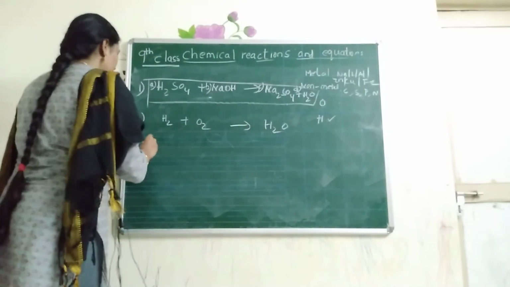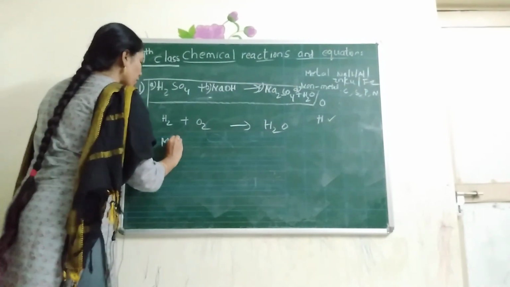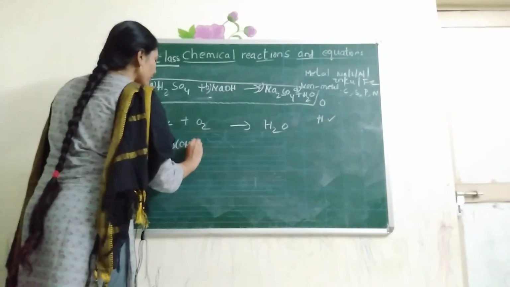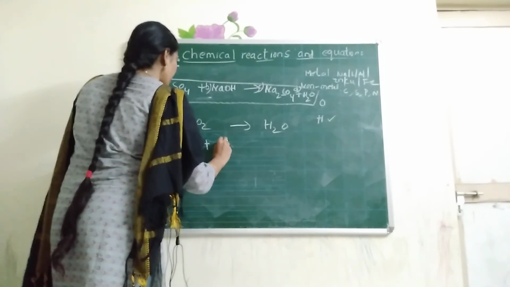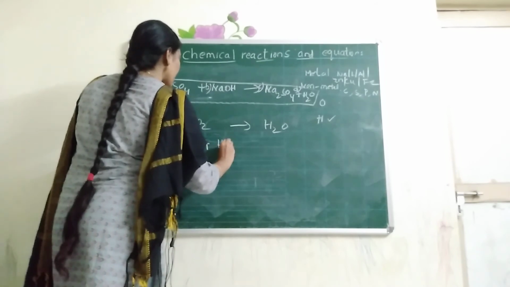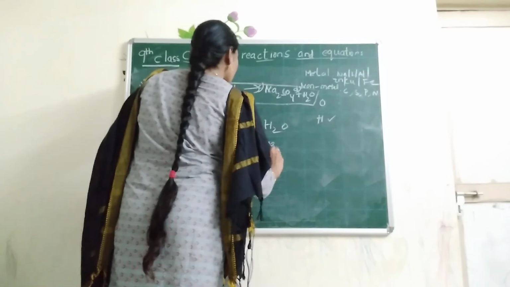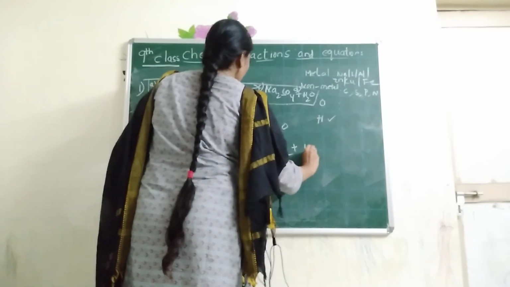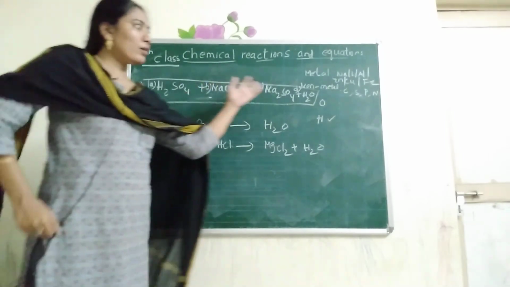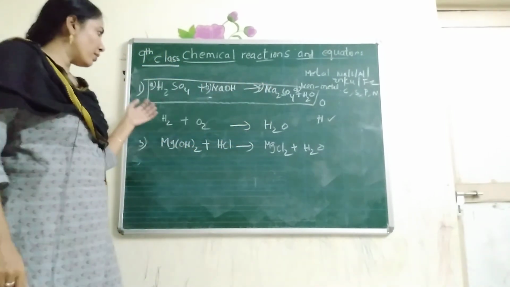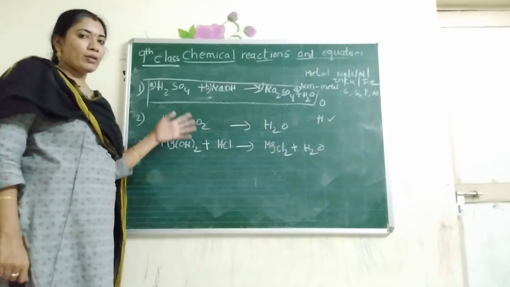The third equation is magnesium hydroxide plus HCl gives rise to magnesium chloride plus water. Balance these 3 equations by using the process and comment me the answers.